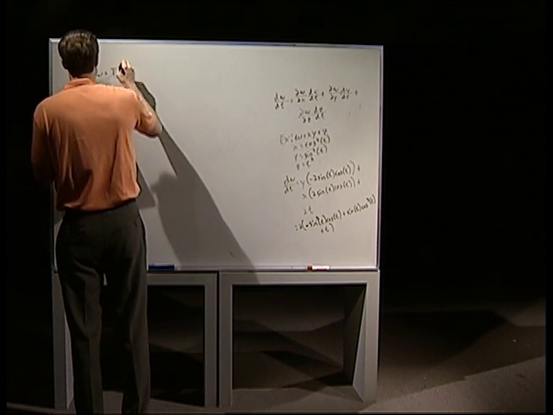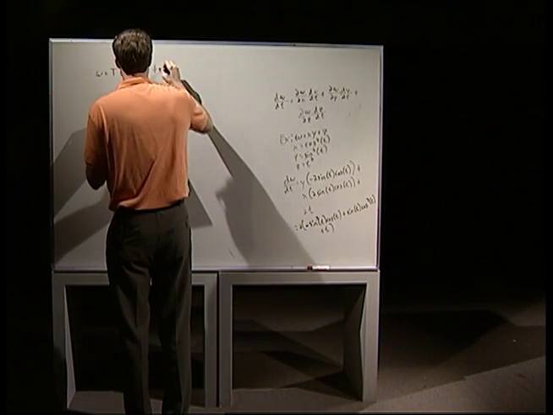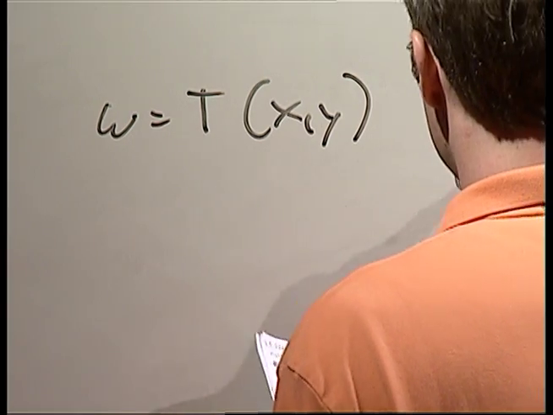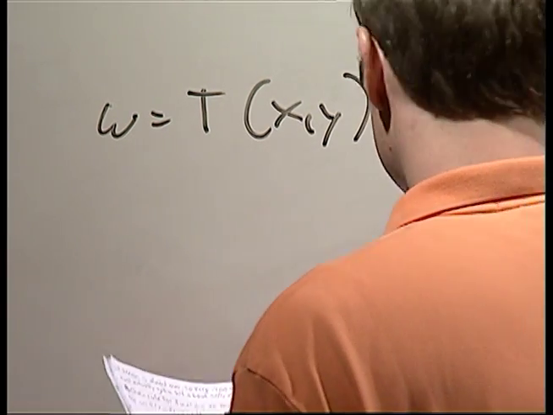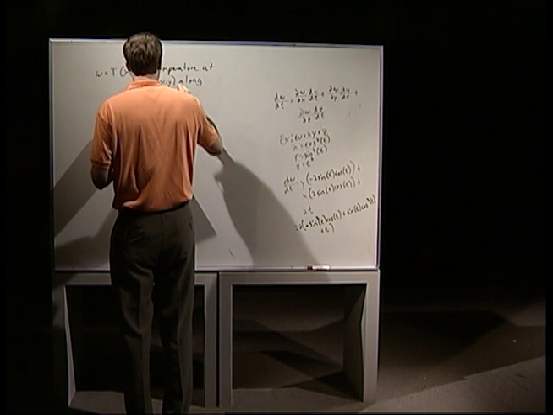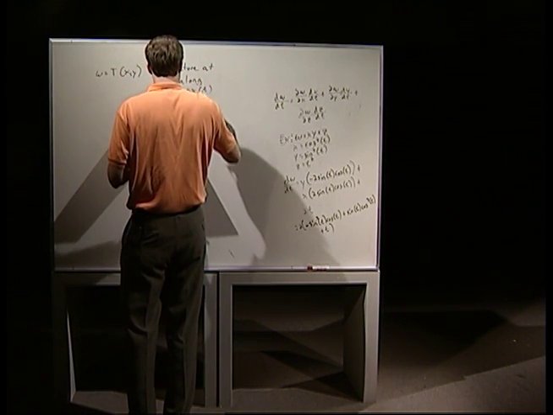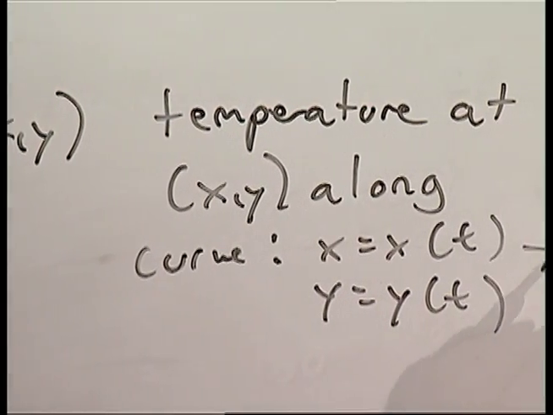Suppose you have W equals T of x,y. Maybe that's temperature at x,y along the curve x equals x of t, y equals y of t, right? And t is time.